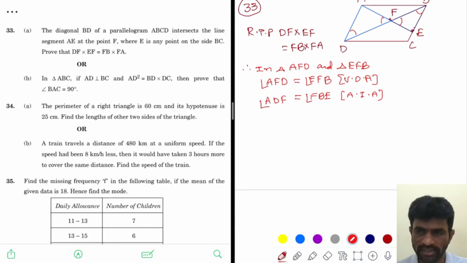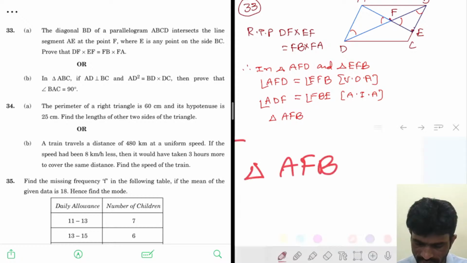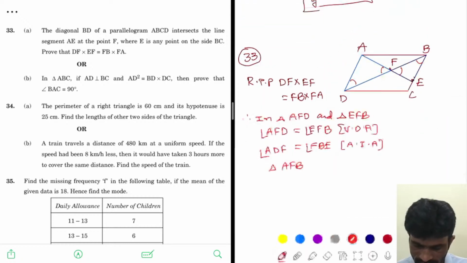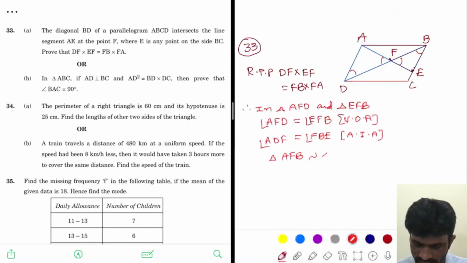So by this we can say triangle AFD is similar to triangle EFB by the similarity criteria.